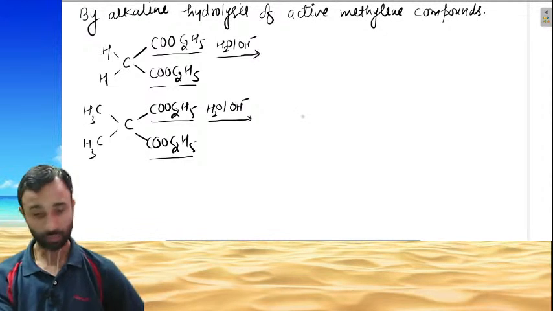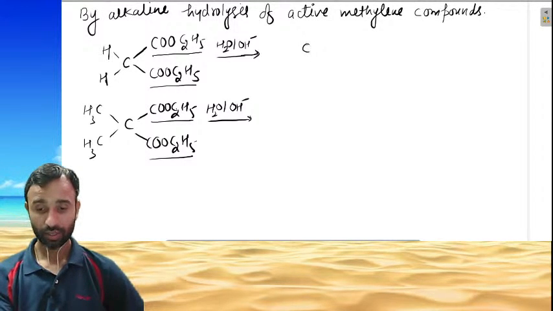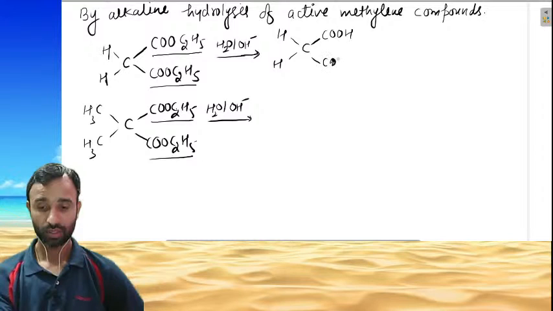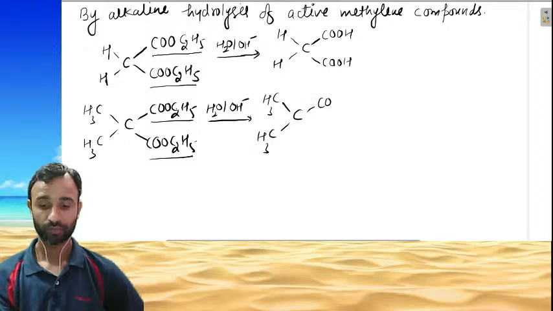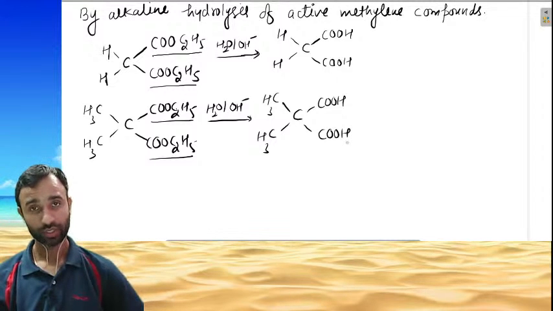So ester hydrolysis takes place when it is hydrolyzed, and gem dicarboxylic acids are formed.